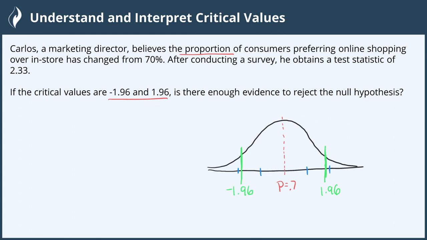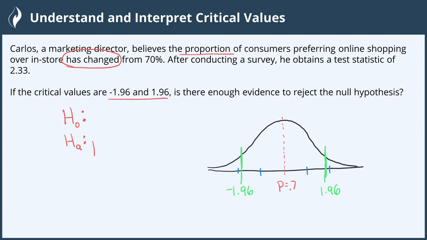Let's go ahead and identify what the null and alternative hypotheses are, just to help us keep this as organized and clear as possible. So we have the marketing director believes that the proportion of online shopping has changed. This means that it's not less, not greater, and we don't know if it's less or greater. So we're going to go for not equal to.